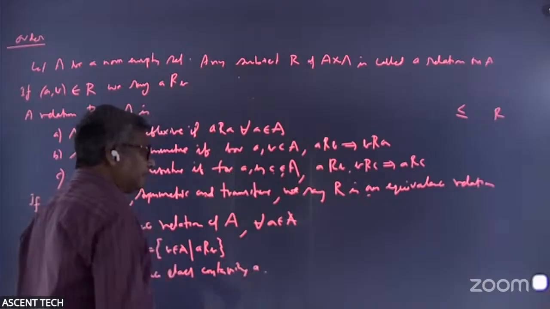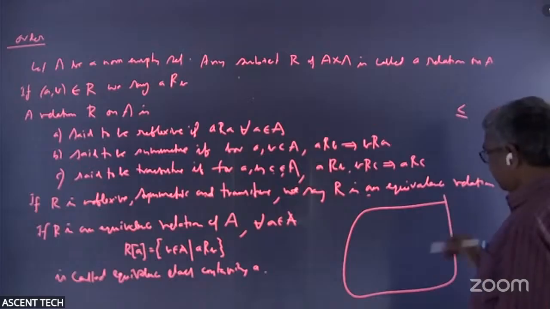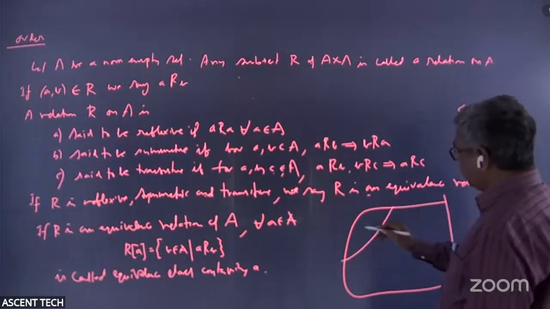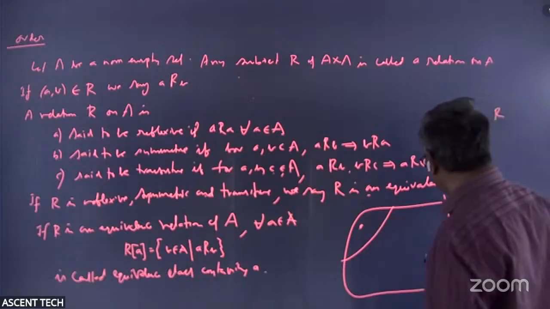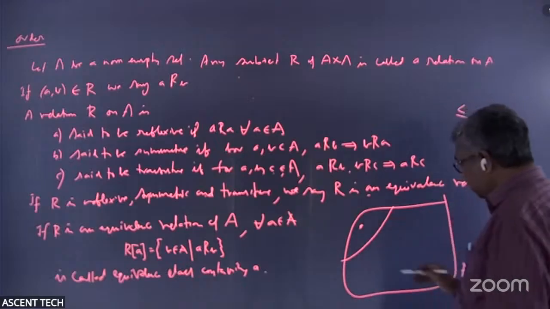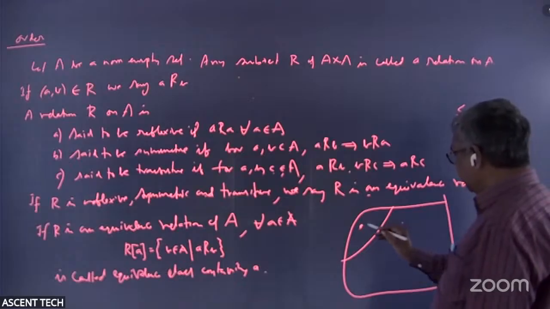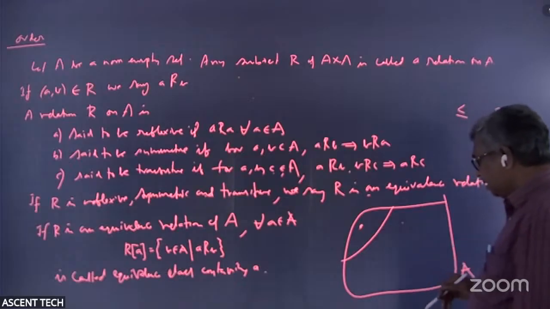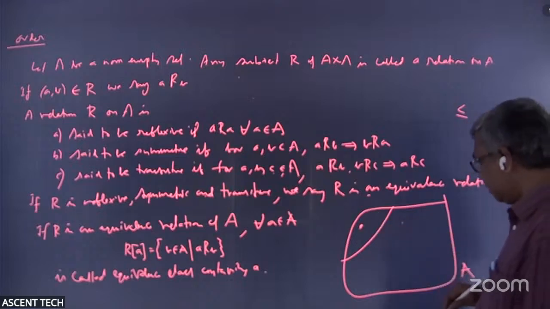So what we are saying is that if the space is like this, if a is there, all its relatives make up a subset of capital A. Maybe b is here and a is not related to b, then no relative of a can be related to b either.